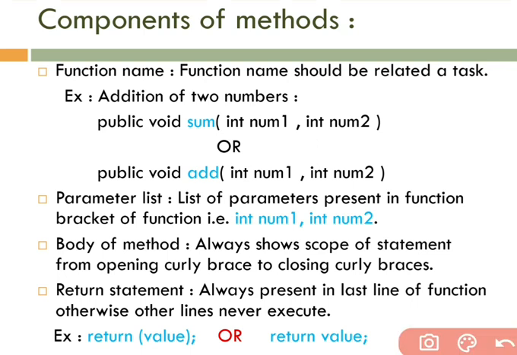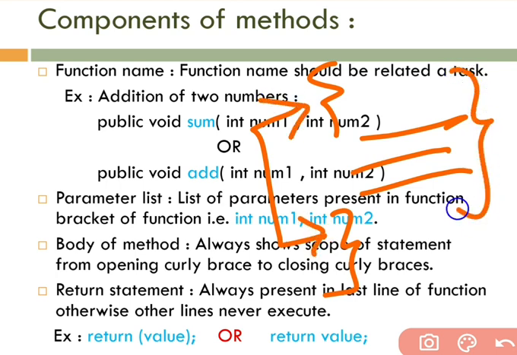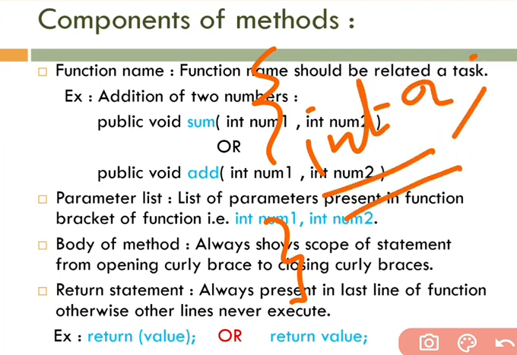Now see the body. Body of a function means curly braces to curly braces, what we are writing inside a function. These curly braces show us the scope, where these statements are valid or not. After the closing curly braces, if I am writing int a, it is present inside these curly braces. If I am using a outside, a is not in scope right now, which means we get a syntax error.